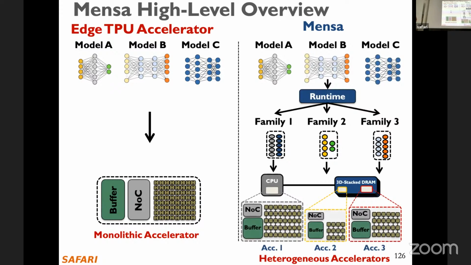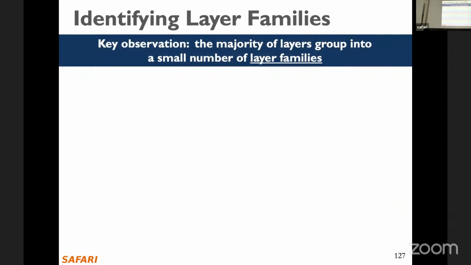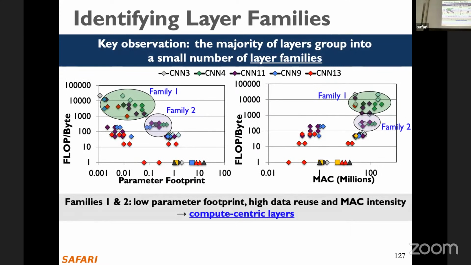But we see that if you design smaller accelerators targeting different types of properties, and efficiently map the different layers with those different characteristics to the appropriate accelerators, we can have a system that is more energy efficient, performance efficient, and area efficient compared to the monolithic accelerator. The key observation is that we don't want to design as many accelerators as we have layers in the neural network models, because that would be quite wasteful.